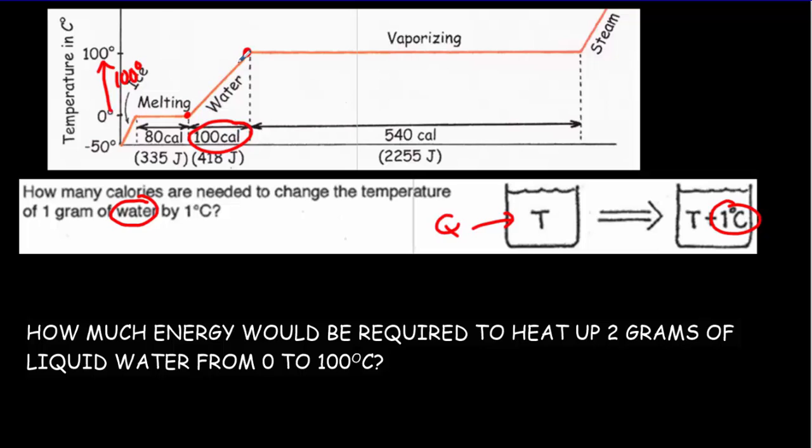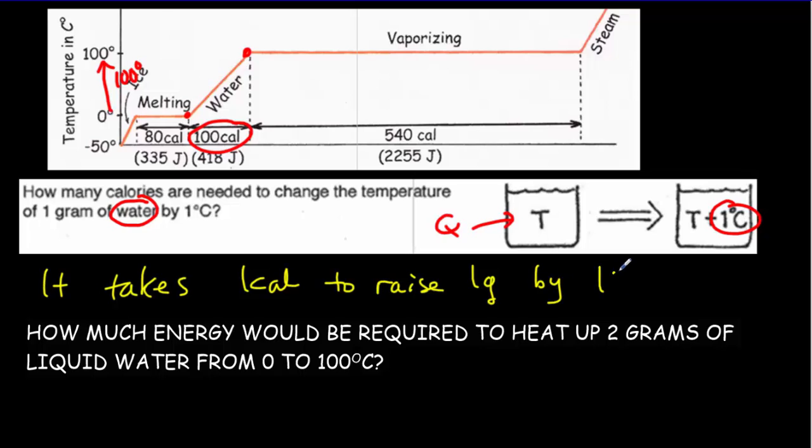This is a linear relationship, so it should take just 1 calorie to raise the temperature of water by 1 degree. So hopefully you said it takes 1 calorie to raise 1 gram of water by 1 degree Celsius. Remember, the heating curve was for 1 gram of water.